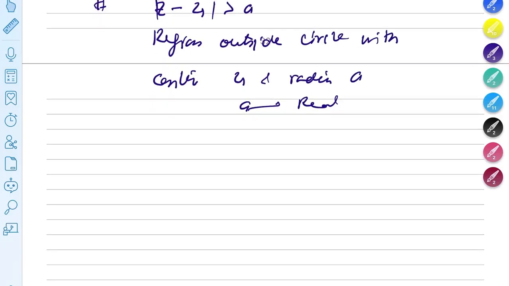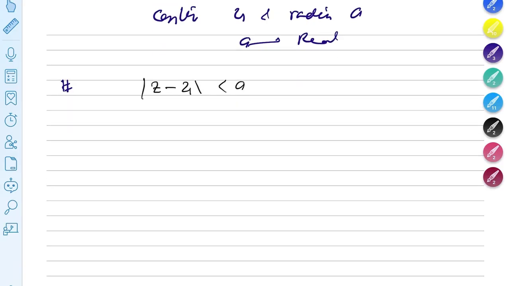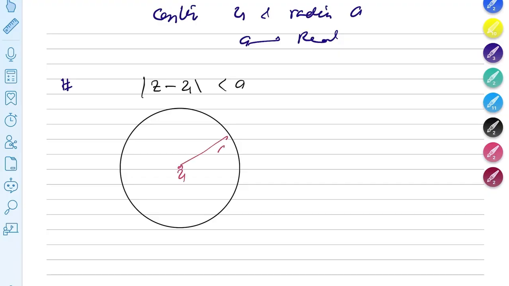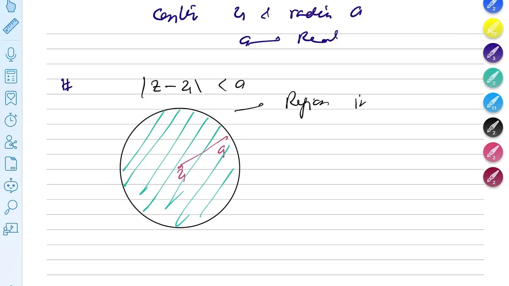In the same way, modulus of Z minus Z1 less than A represents the region inside the circle with center Z1 and radius A.